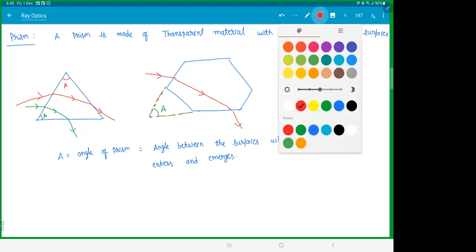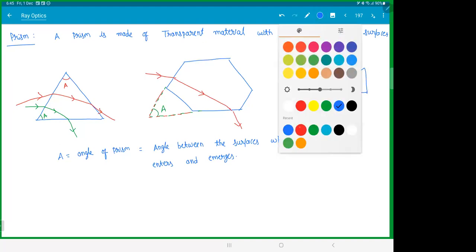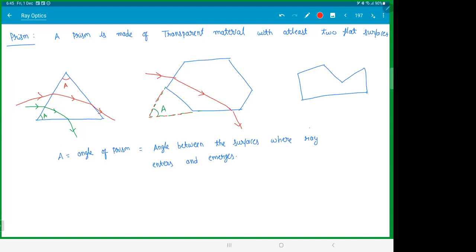I can even create any weird shape, it still works. That's how we define the angle of prism.